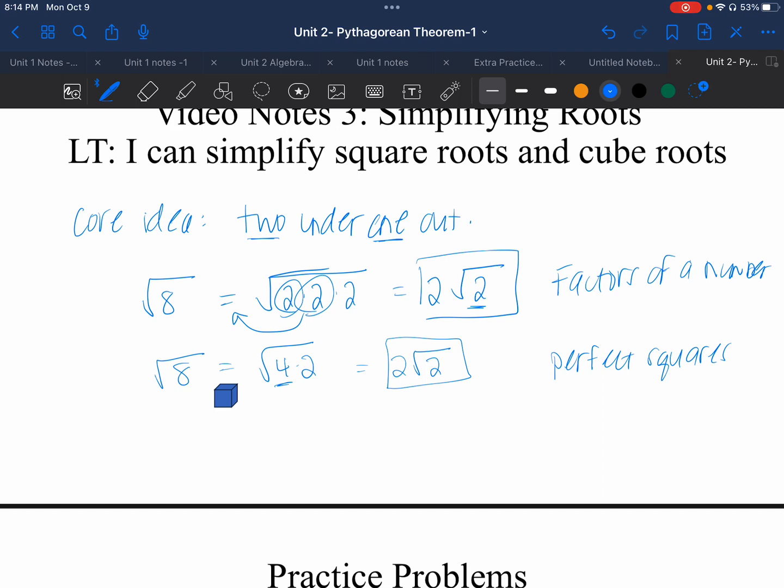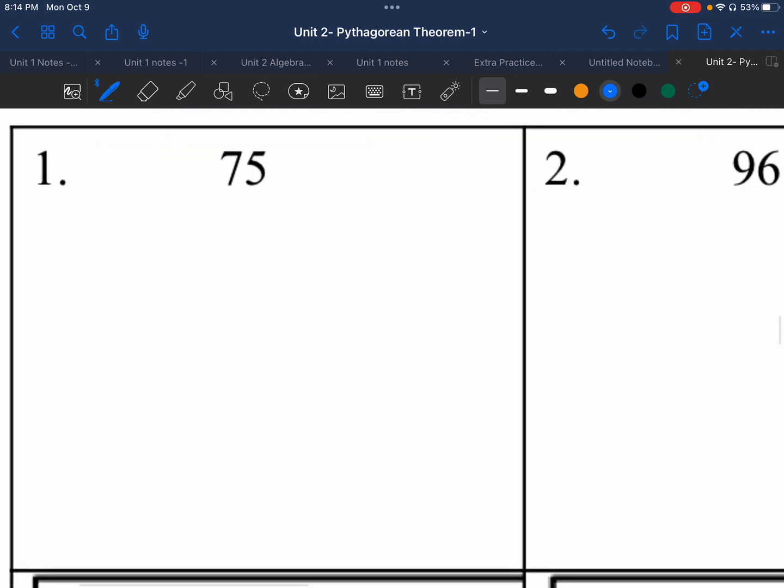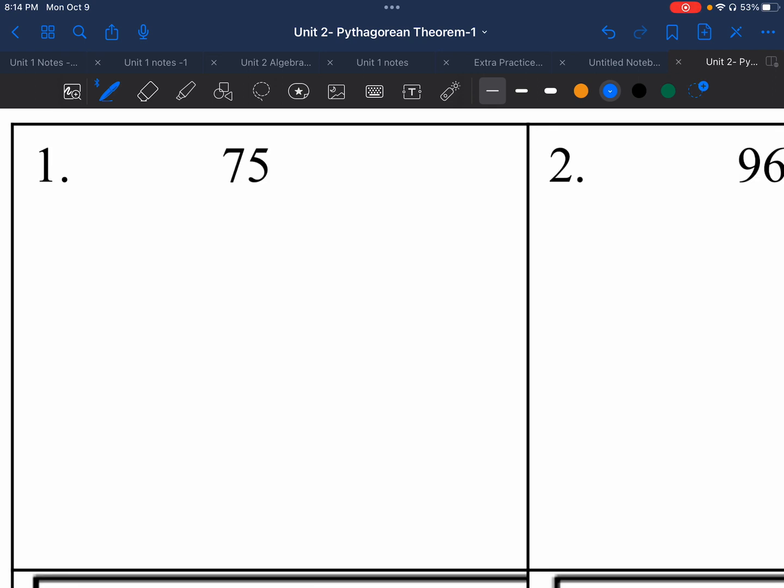So we're going to do a couple different examples here. First, I'm going to talk about finding factors. That's what these first examples are. When we are looking at factors, we are figuring out the numbers multiplied together that will equal the end result. So 75, I know that I can pull out a 5. So it is going to be 5 times what will give me 75.